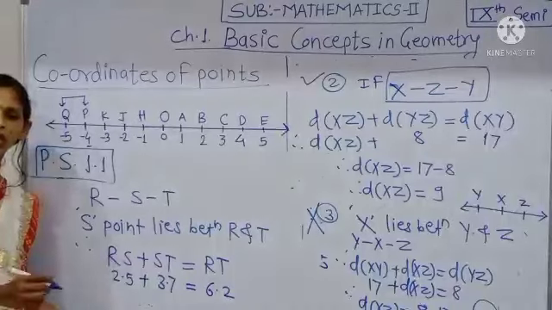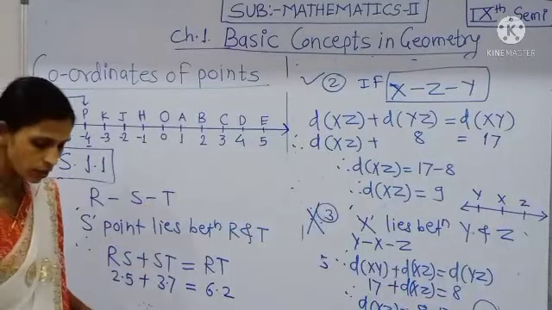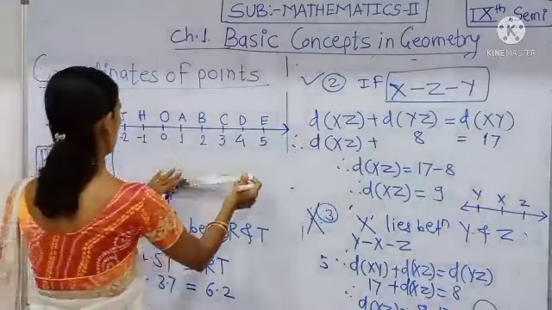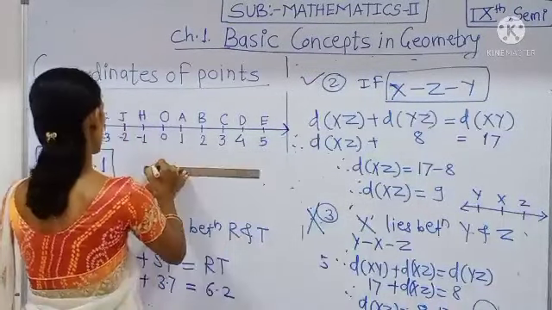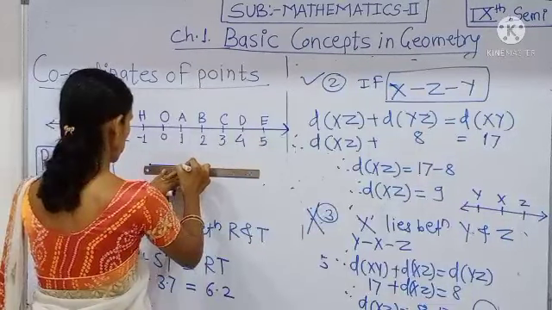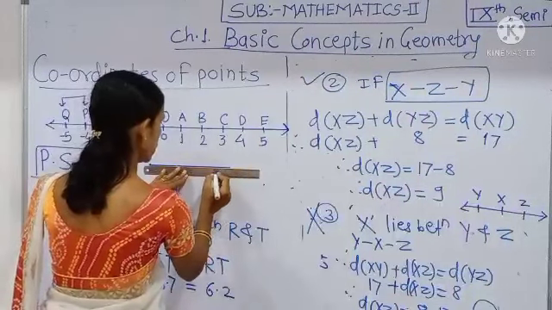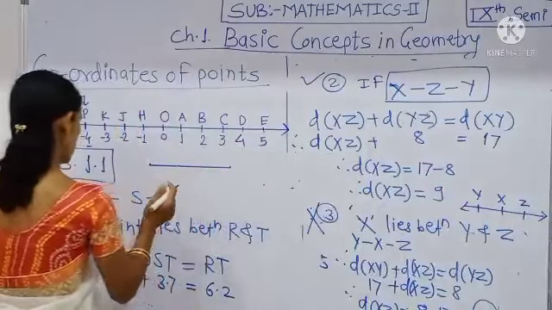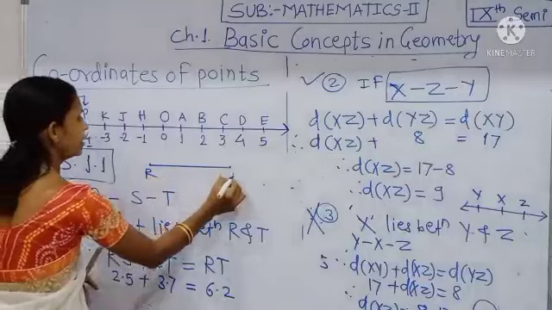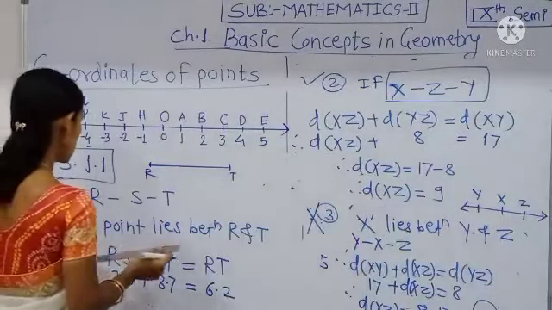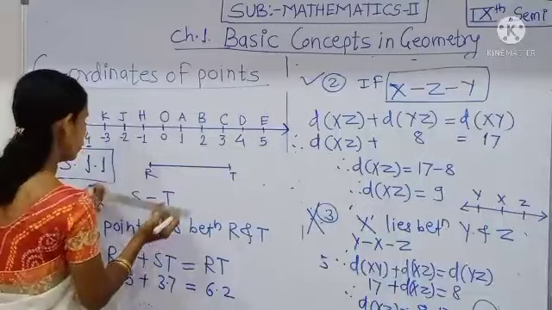6.2. Then we have to draw the figure using that property. Then see here 0 to 6 point, here 5, 6.2. Here R, T points are given here, and the RS distance is 2.5.